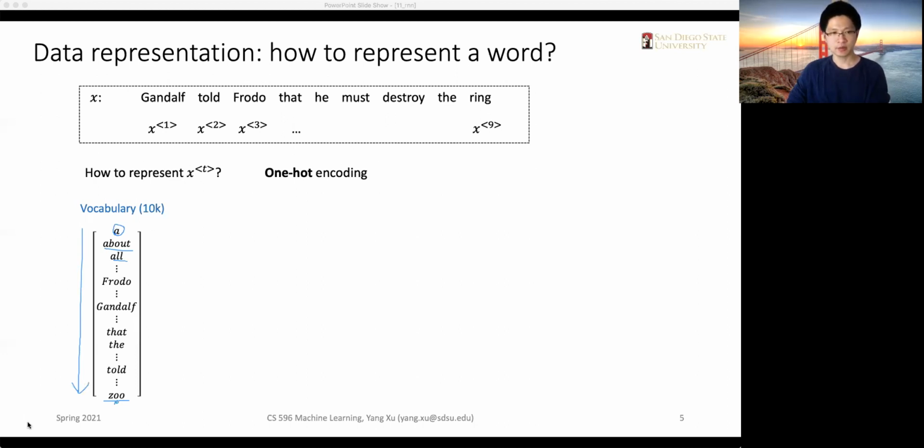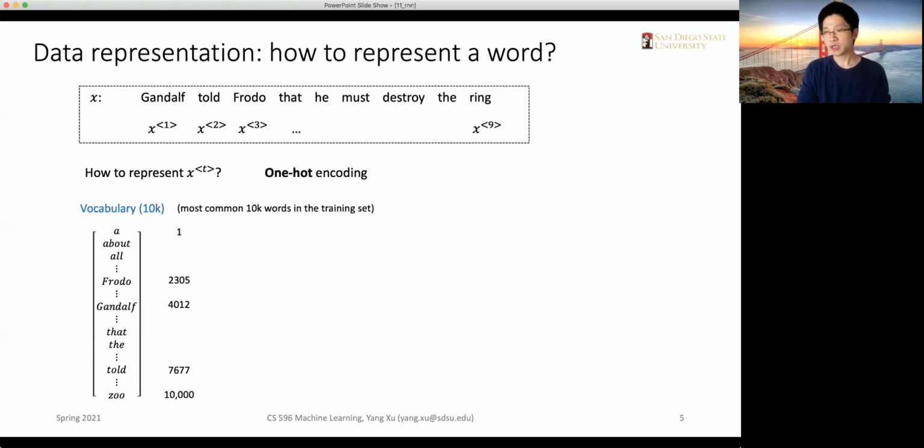This set of all the words that have appeared in our training data is what we call the vocabulary. Assume that we have 10,000 unique words in this vocabulary. Then that means our vocabulary size is 10K.